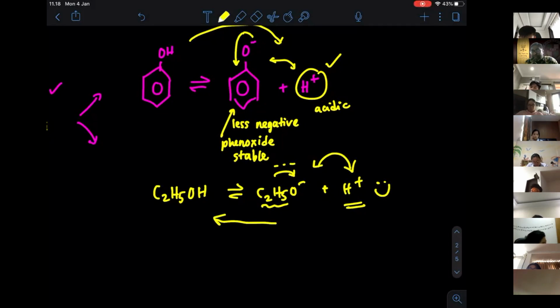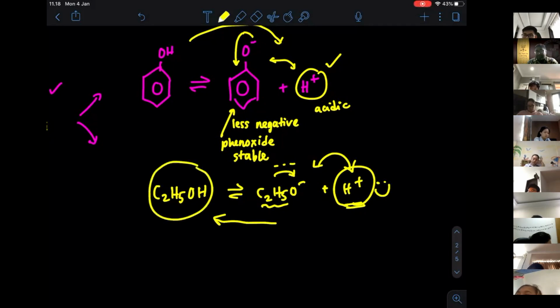When they form ethanol, it means you do not have H plus, because H plus does not exist as H plus. They tend to exist in the form of ethanol. So the position of the equilibrium is more towards the left over here. It means they do not dissociate well to give you H plus compared to phenol. So that actually gives you less H plus.